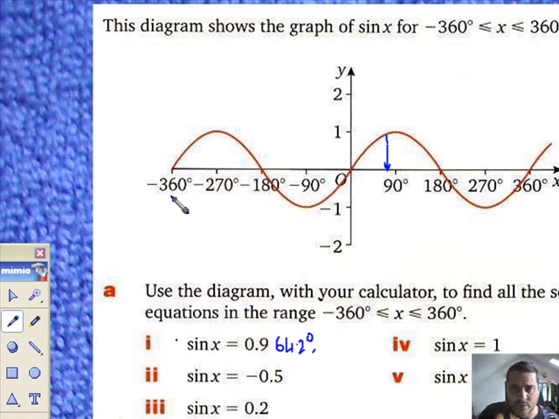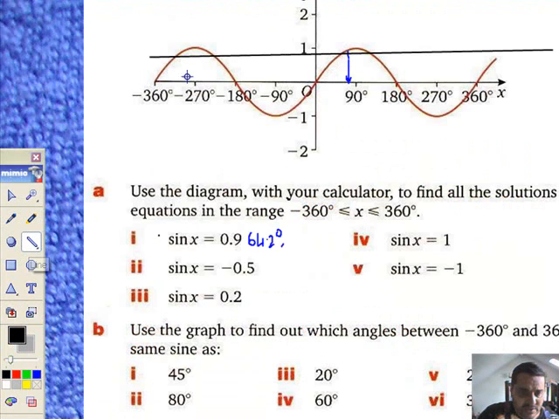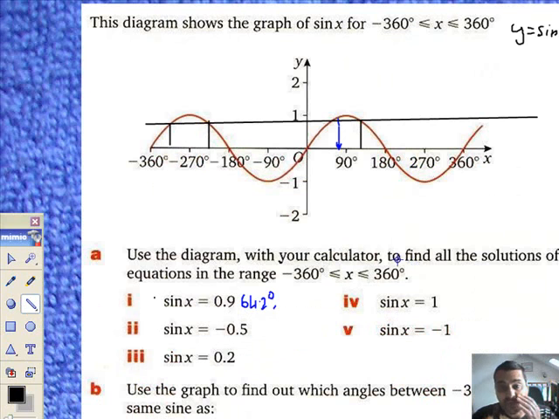So if we're going to go 0.9 right across, roughly like that, we can get a solution there. We got the solution there for 64.2. Of course you can't read it off the graph, but we used our calculator to site where it's going to be, and these are the 4 solutions. So now what I've got to do is actually work out what these 4 are.